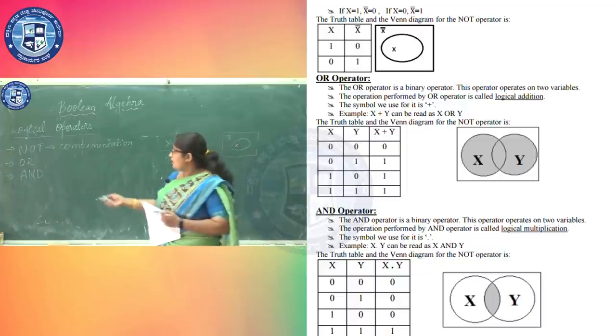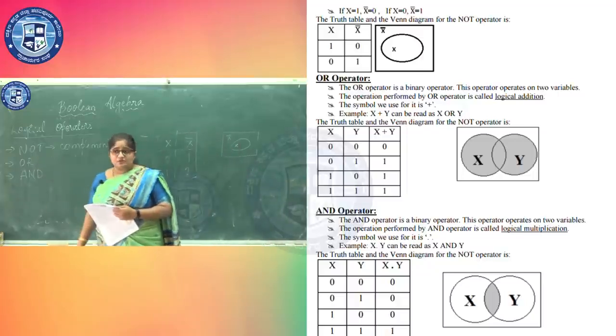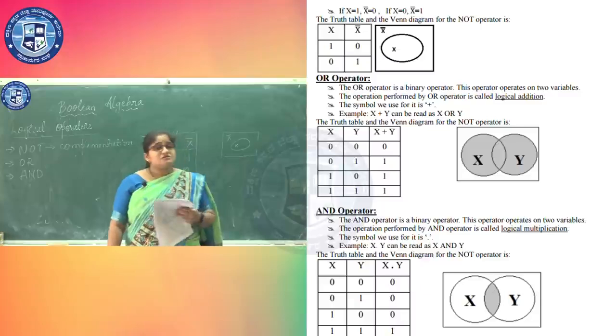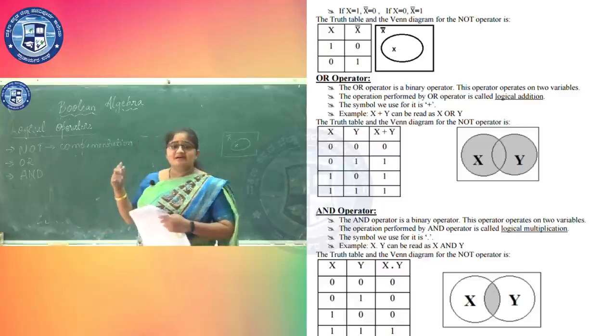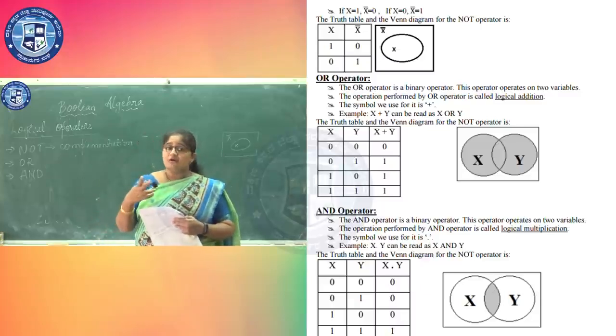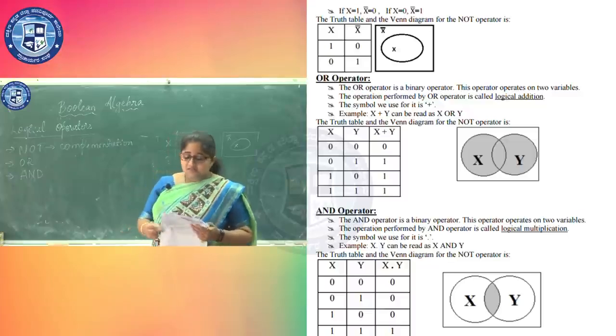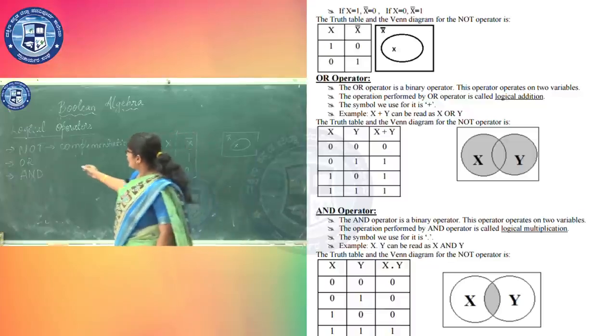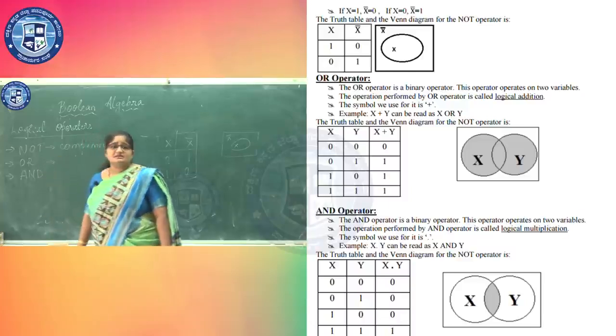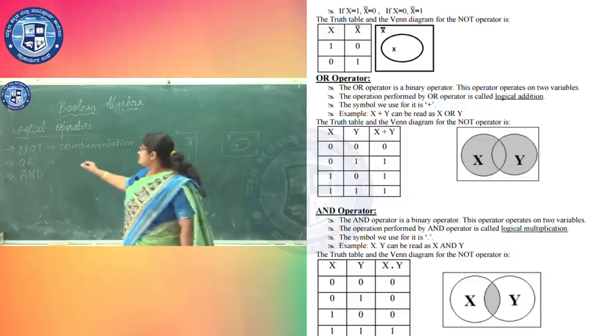Next we have the OR operator. Let us come to the next operator, that is OR. This OR operator is a binary operator wherein it requires two operands. This operator has the name logical addition.